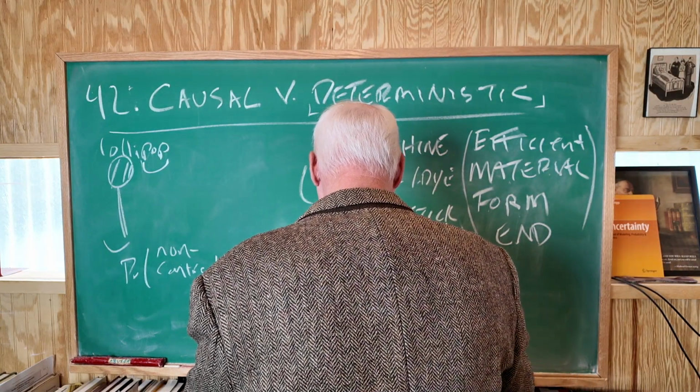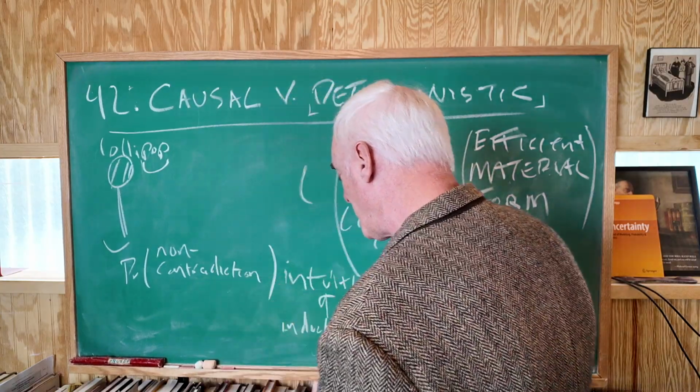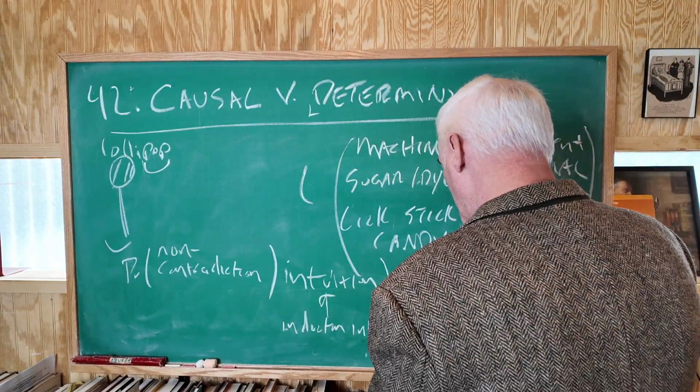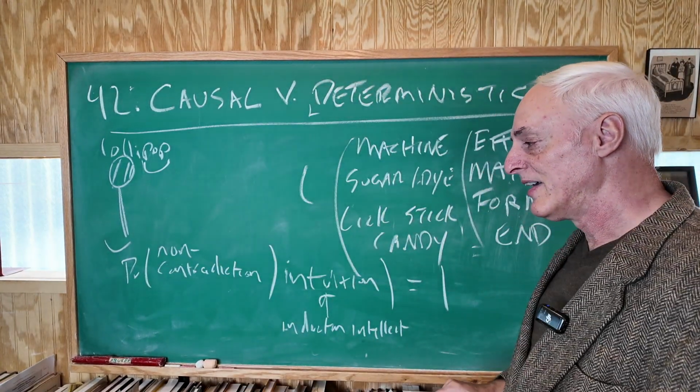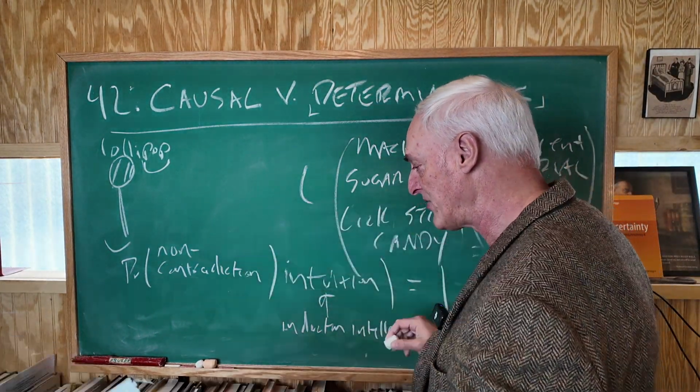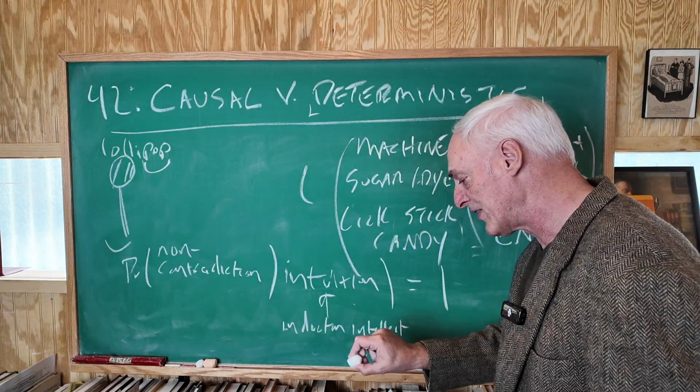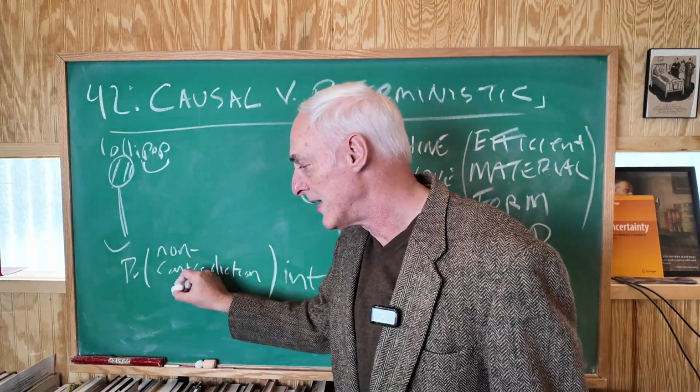We used our intellect to infer this probability of non-contradiction. So we say that is true. The probability of the non-contradiction is true, that logical statement, given our induction, our intellection, is 1.